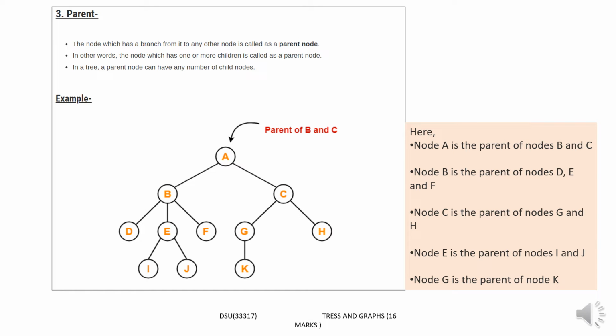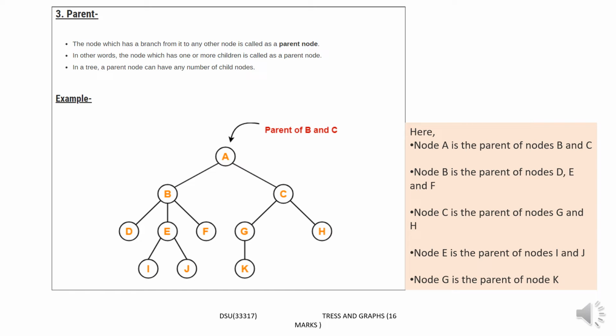Next is parent. The node which has a branch from it to any other node is called a parent. In other words, the node which has one or more children is called a parent node. In a tree, a parent node can have any number of child nodes.